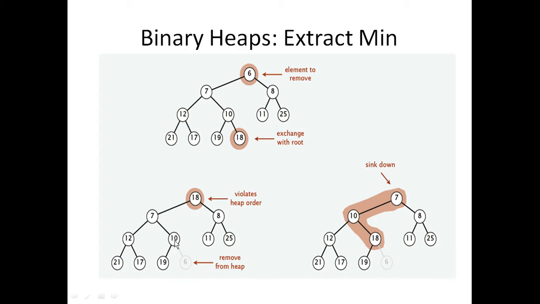So 10 now becomes the parent and 18 comes here. Then you compare 18 and 19. Now 19 is greater and 18 is smaller, so you will keep that as it is. After performing the sequence of exchange operations, you get this heap, which is a min heap. So that is the second operation, extract min.